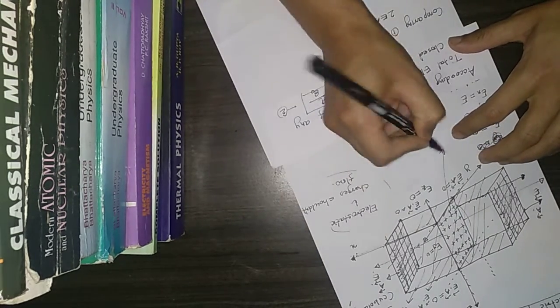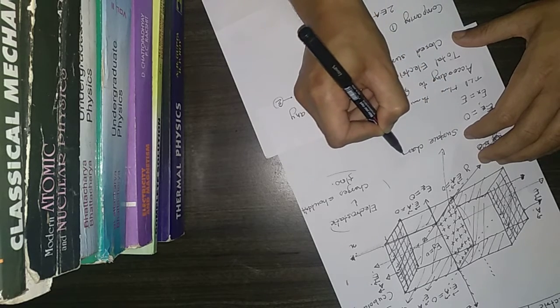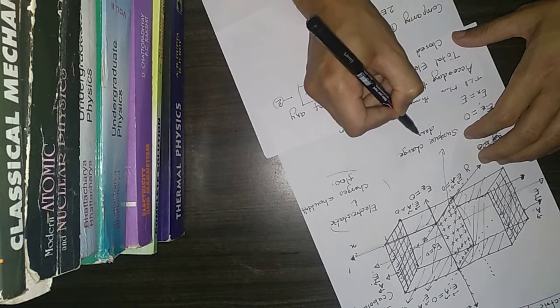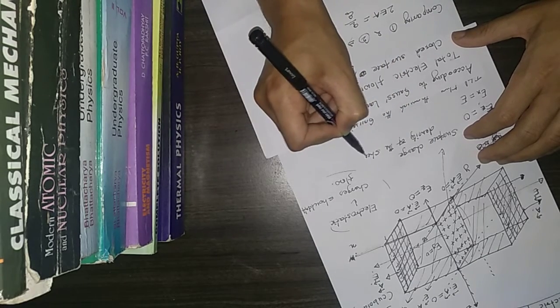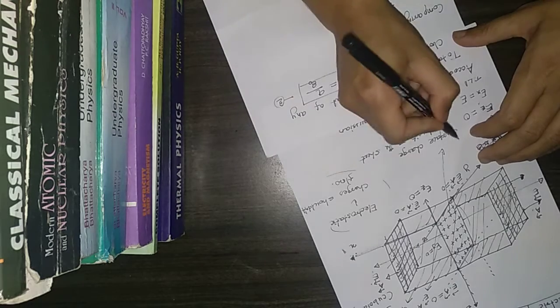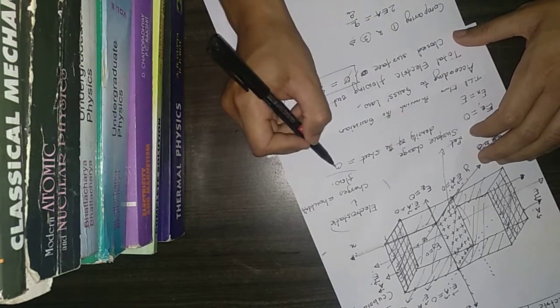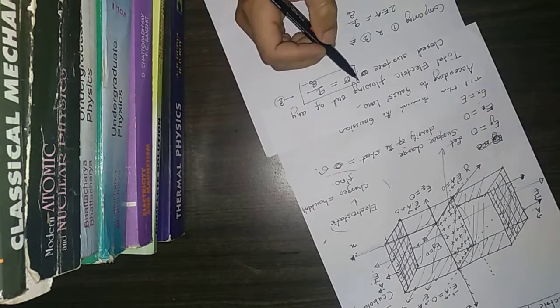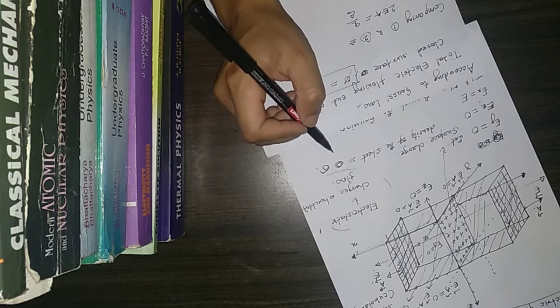What we know here is the surface charge density of the sheet. The surface charge density of the sheet will be equal to sigma. Sigma is nothing but the surface charge density, which means charge per unit area.